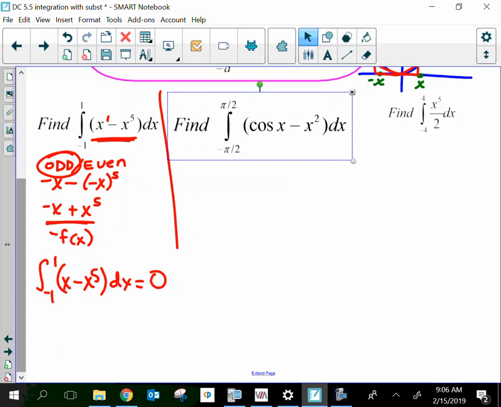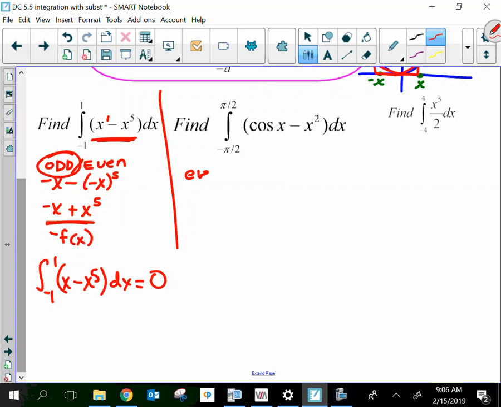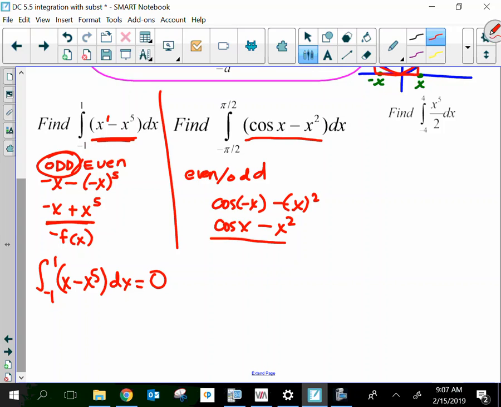So we're checking for even and odd. We know cosine is even, what about x squared? So this is cosine of x if it's even. And this is, okay, compare, what do you see? The same thing. So that's an even function.